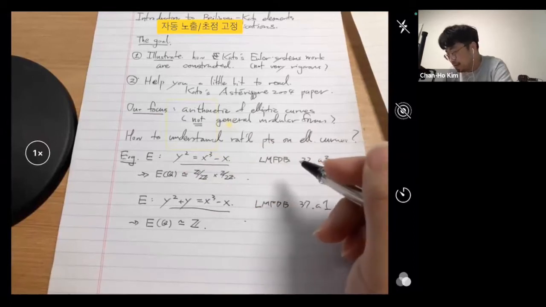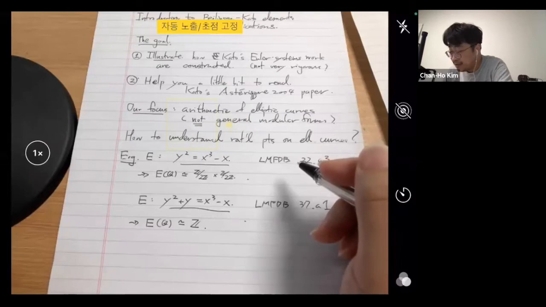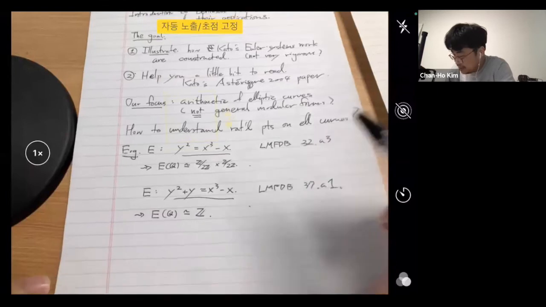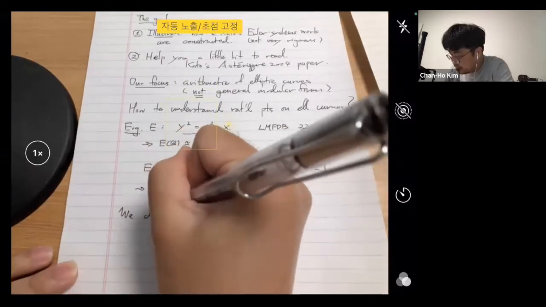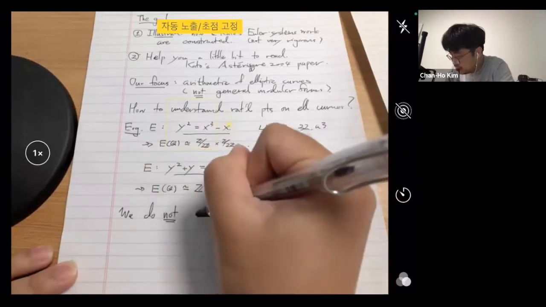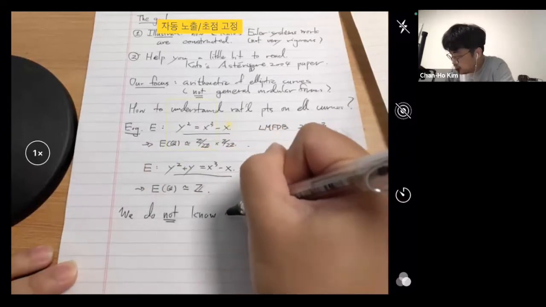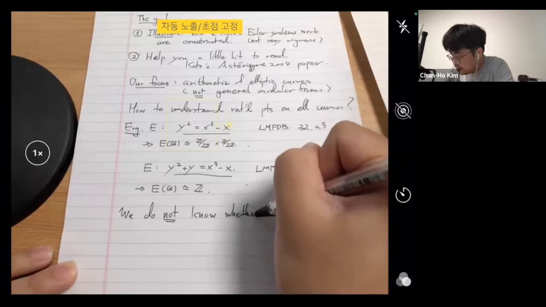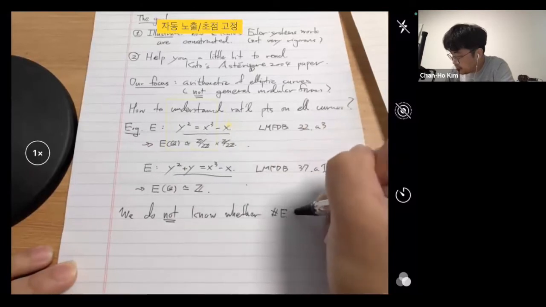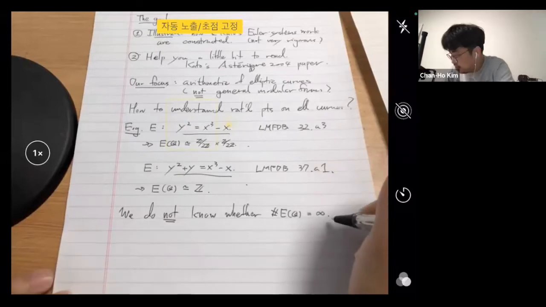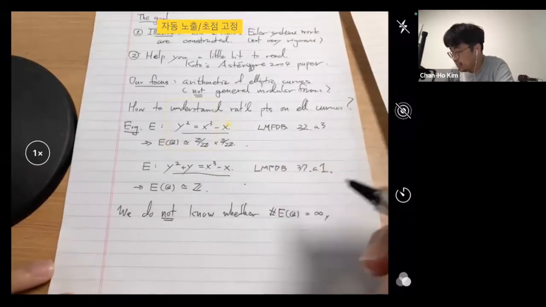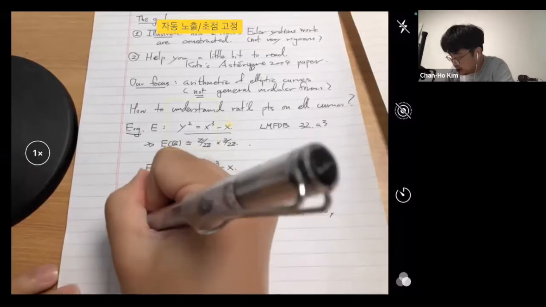So basically, we do not know the rational points on elliptic curves by just looking at the curve. What I want to emphasize here is that we do not know whether, for a given elliptic curve, its rational points are infinite or not. But as you've seen, the L-function knows.